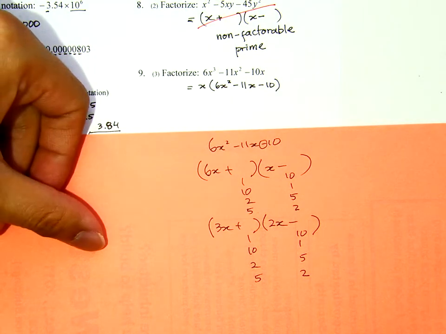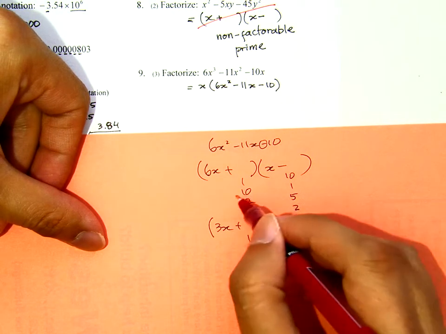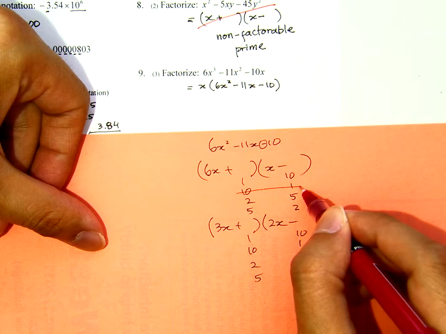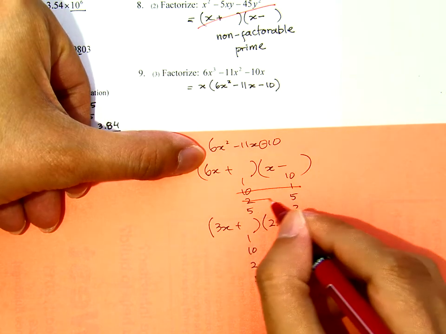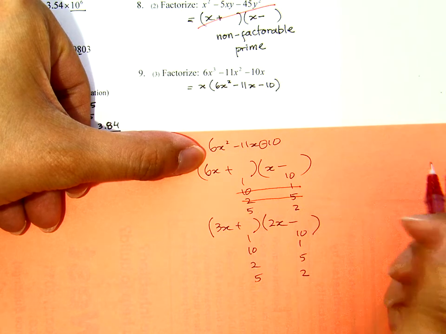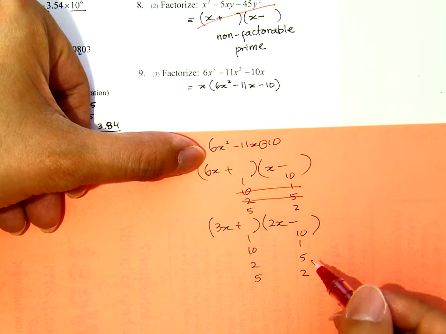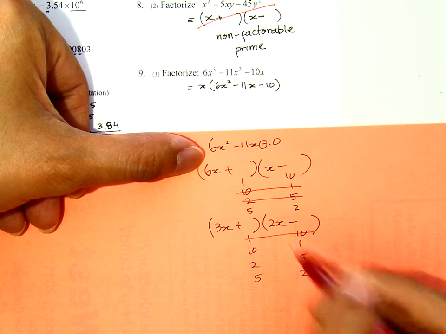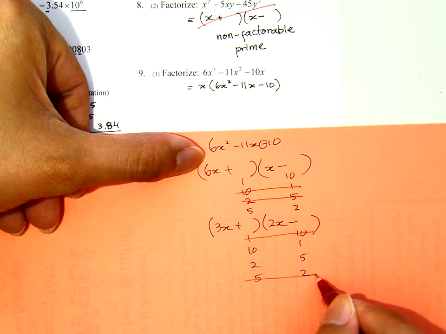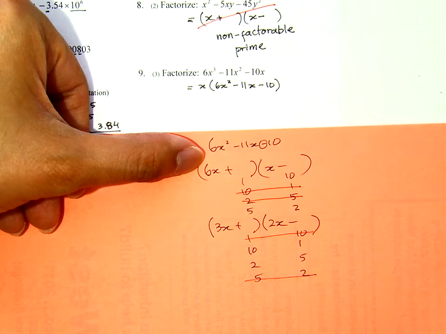Look for common factors. 10 and 1 here should be cancelled because 10 and 6 have a common factor. 2 and 5 here also have a common factor with 6. In the second, we can cancel this because 10 and 2 have a common factor. Of course, we can cancel this also because 2 and 2 have a common factor.